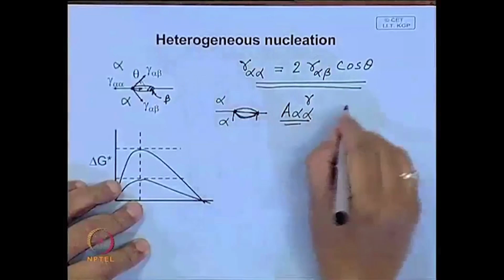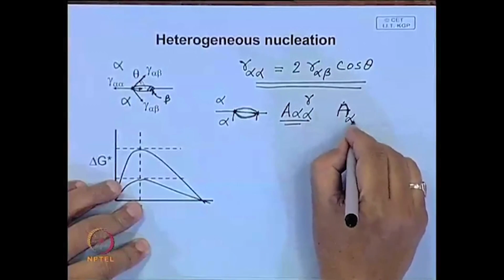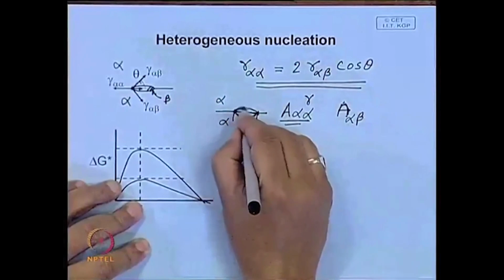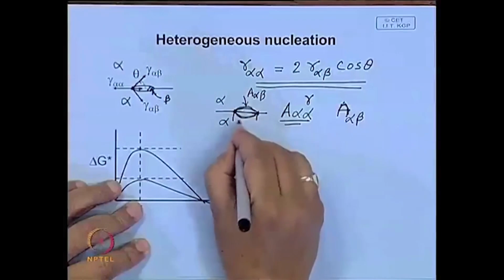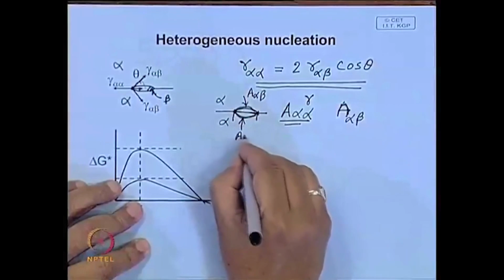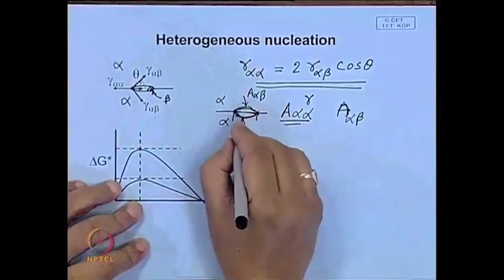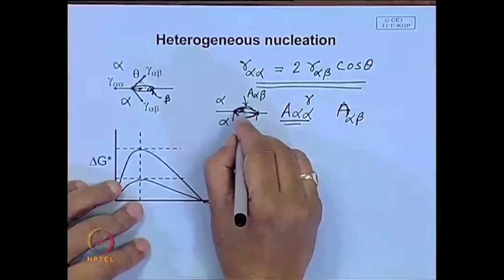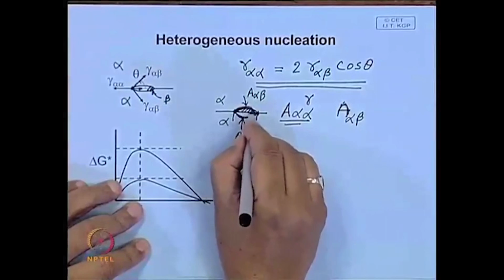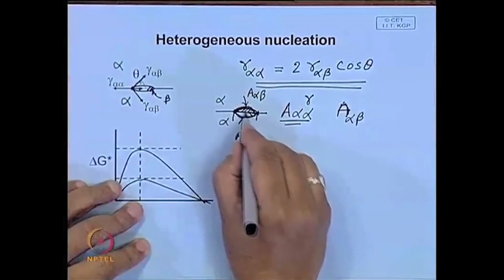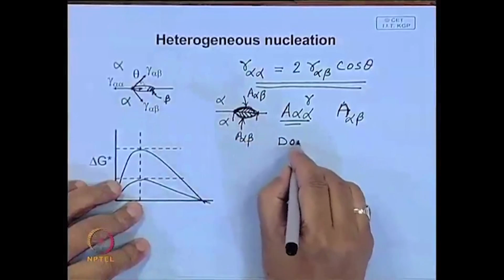In its place, what do we have? We have a certain amount of A alpha-beta created. So, this is one A alpha-beta, this is the other A alpha-beta, and assuming this shape to be a spherical cap, say this is a part of a sphere, and this is also a part of a sphere, this is a double spherical cap.